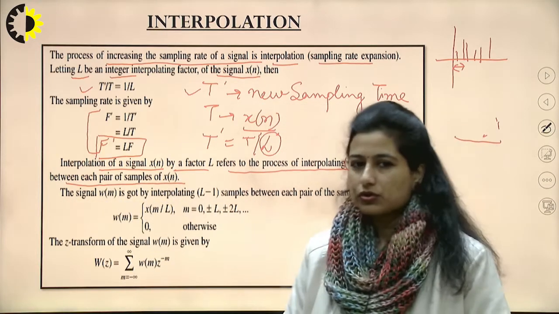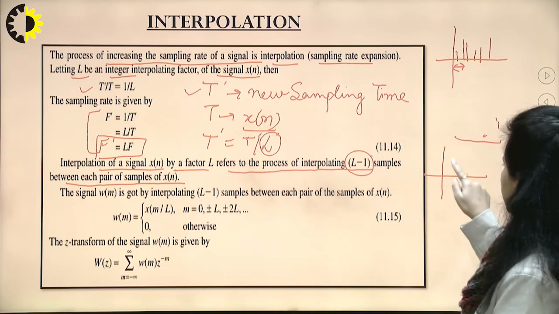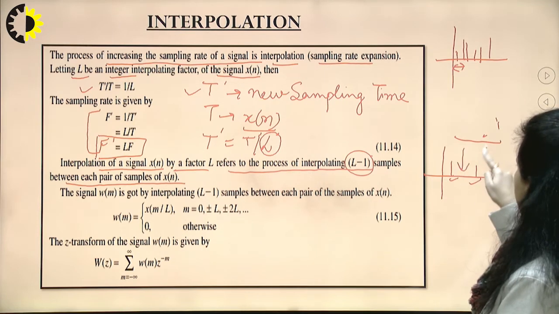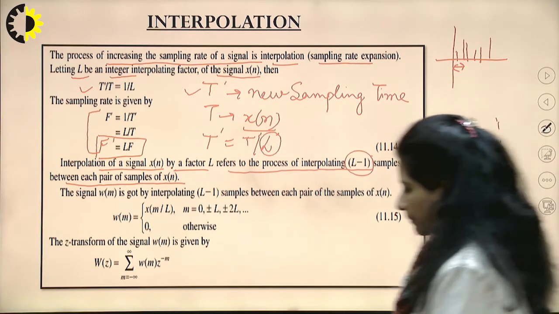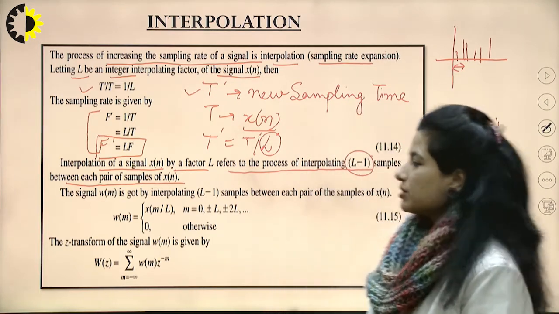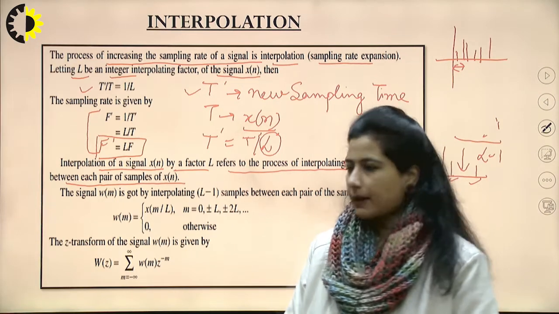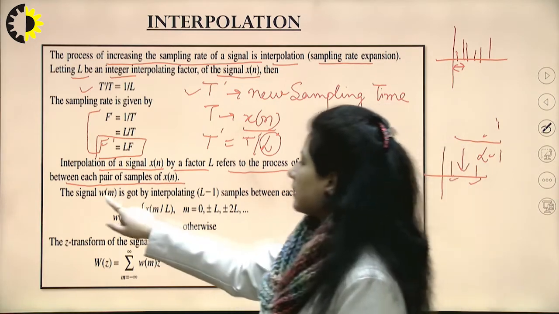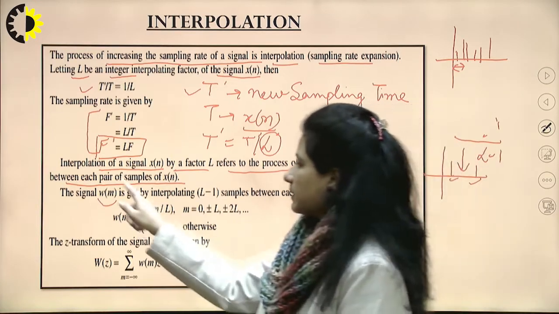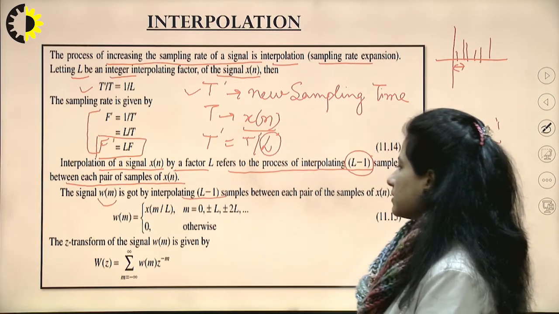We'll see this in the numerical: between whatever two samples have been given to me, I am introducing L minus 1 samples. That means if I want to interpolate by a factor of, say, 4, then I am interpolating 3 samples between every pair of samples. The signal that I obtain I'll represent by a symbol, say w[m]. I'm interpolating it by L minus 1 samples.